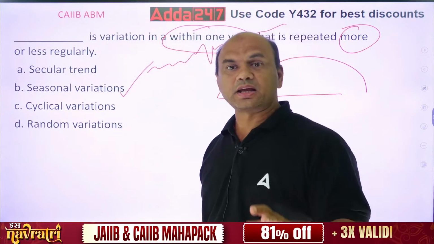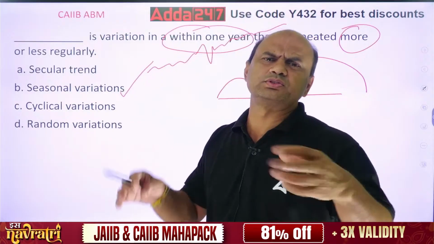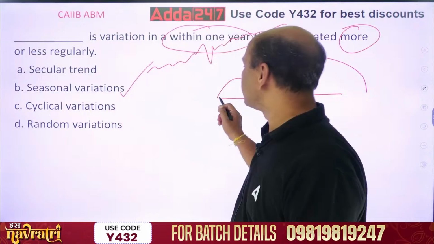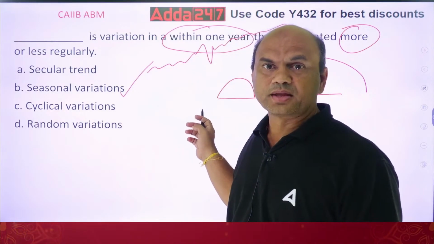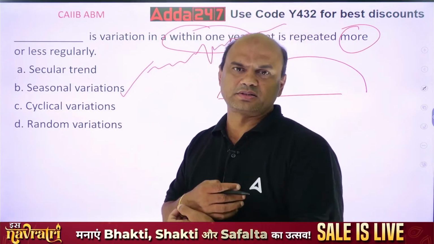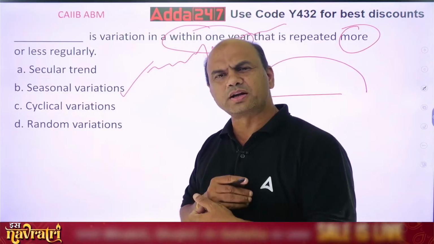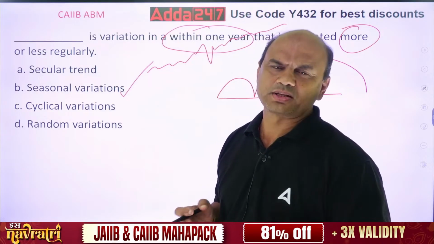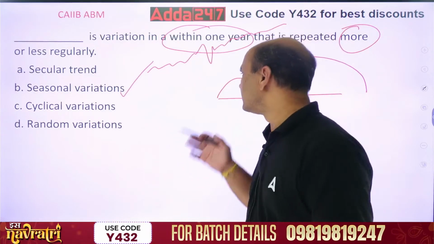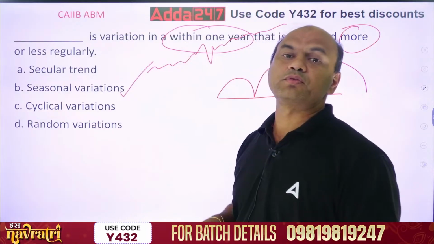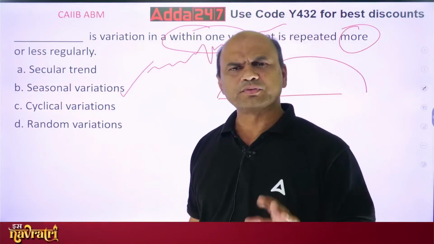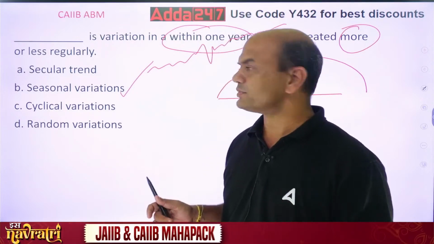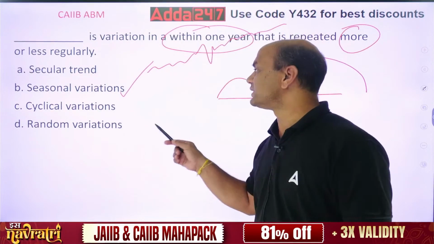There was a time when everyone was using Facebook, but now Facebook is gone. So the life has ended. Similarly, DDs in banks, demand drafts. How many of you use demand drafts now? Gone. NEFT, RTGS, UPI, everything is there now, right? So that is also gone. So basically the life of a product will always go down someday. This is known as cyclical variations.